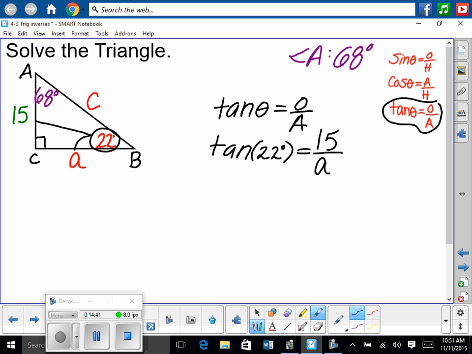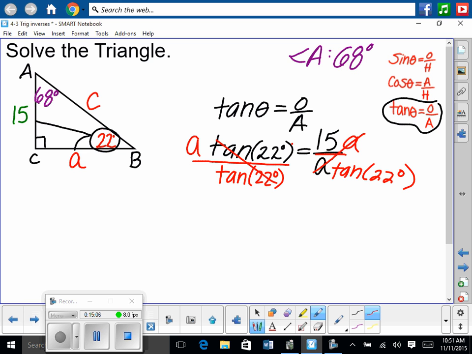Are we all following? So then we'll just solve for A algebraically. I'm going to multiply both sides by A, but it divides out over here. Then to get A alone, we'll divide what? Tangent. Good. Divide both sides by tangent of 22 degrees. So A is 15 divided by tangent of 22 degrees.